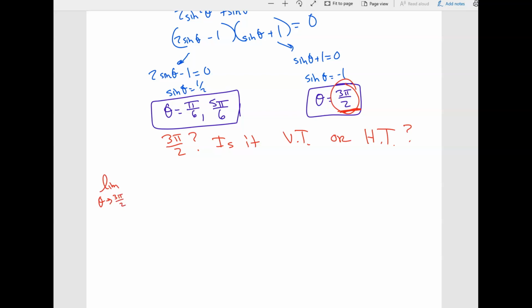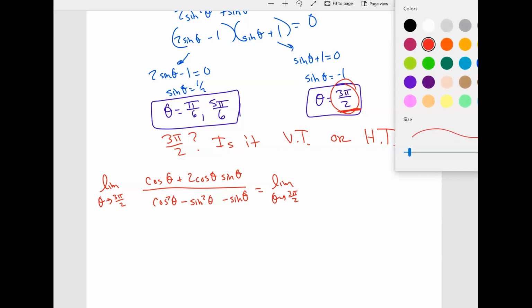So what we're going to do is put in our function: cosine of theta plus 2 cosine of theta sine theta, divided by cosine squared theta minus sine squared theta, minus sine theta. Okay, so you have the limit as theta goes to 3 pi over 2.